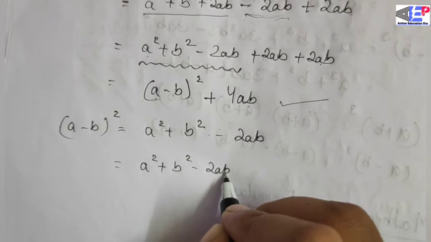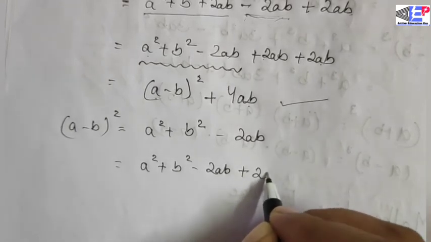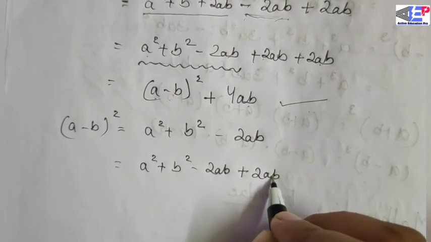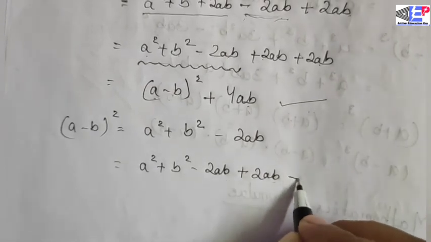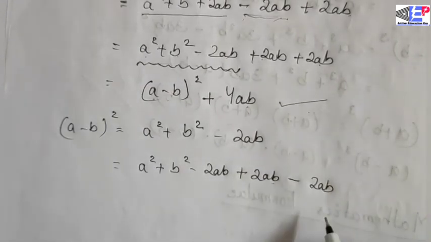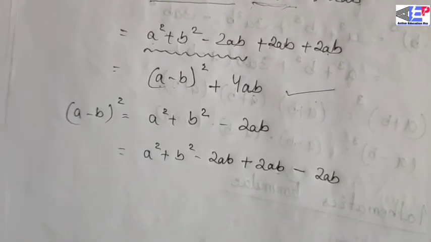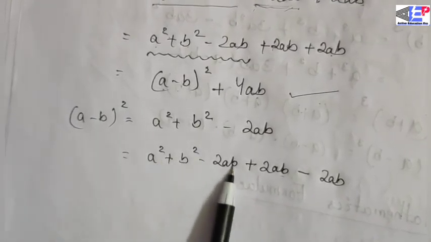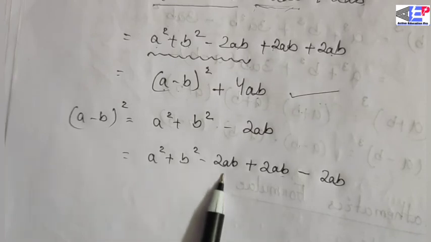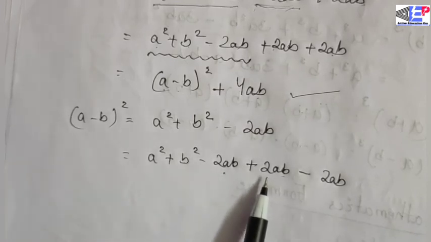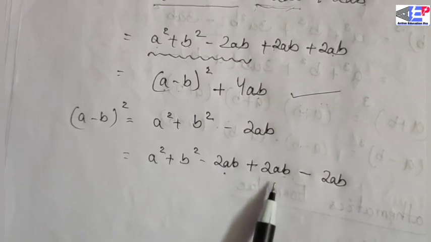For making a minus b whole square into a plus b whole square, you have to add 2ab, and for balancing this addition of 2ab, you have to subtract 2ab again. Again I repeat, a square plus b square minus 2ab is the normal formula of a minus b whole square, but you need another positive 2ab to make it a plus b whole square.